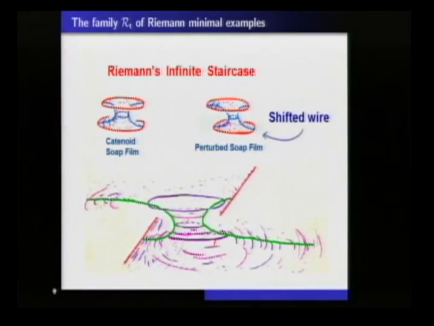Okay, so what is Riemann? How do we get Riemann's examples? Again, think in terms of soap films, stable soap films. We have a catenoid soap film. We shift the curves to the side. Then by Schiffman, it is foliated by circles in every plane. Okay.